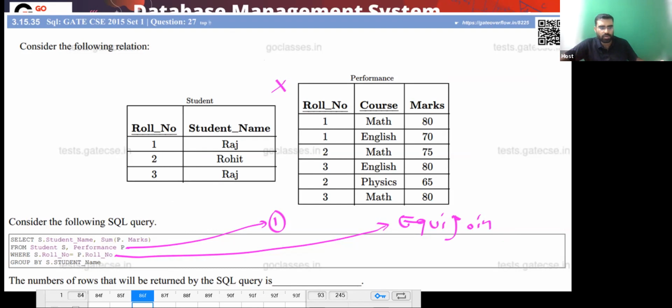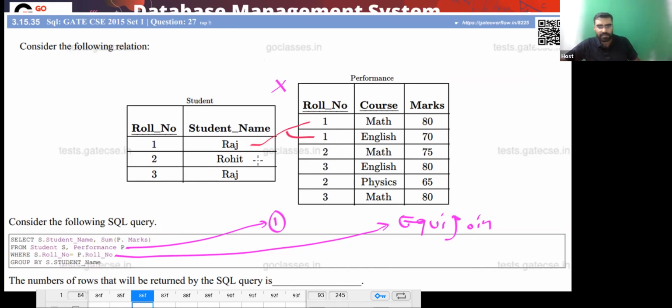If you notice, roll number must be equal to roll number. So this is an equijoin. And then finally, you are grouping by name. So you can notice this will match with this and this.